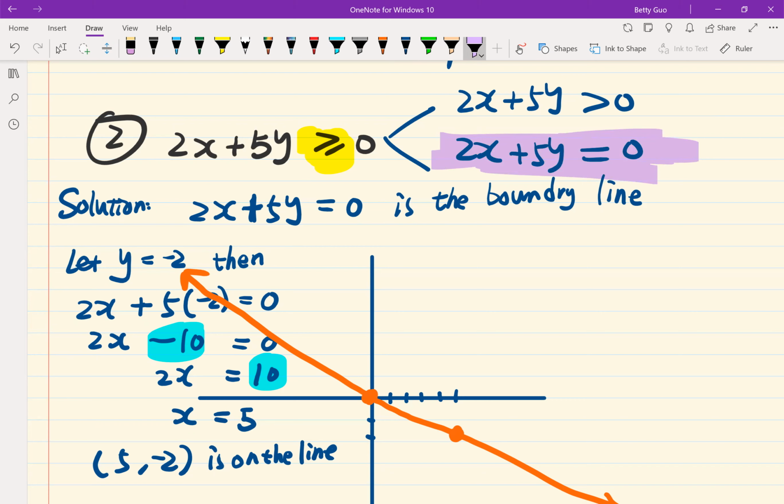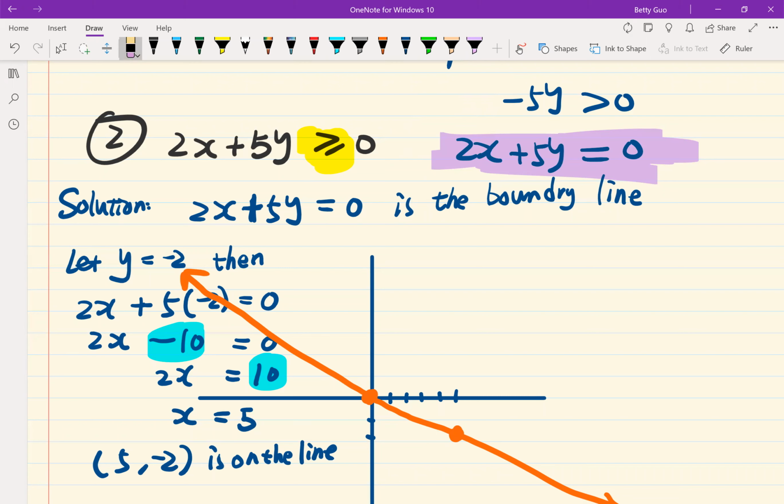Bigger than or equal to means strictly bigger than, or equal to. In this case, all the points on the boundary line are solutions of the inequality. So that's the reason we graph the boundary line solid, to display a fact. What fact? All the points on the boundary are solutions.